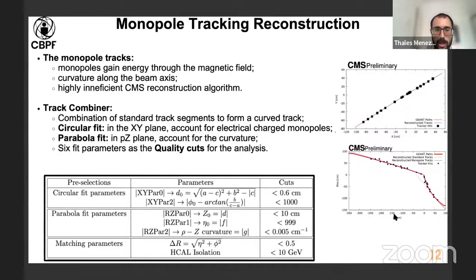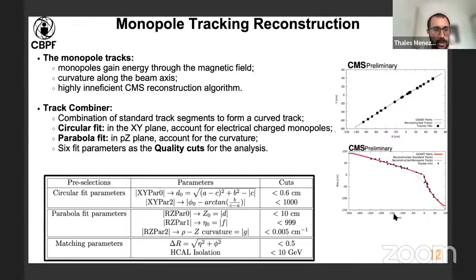This peculiar behavior leads to a highly inefficient standard CMS reconstruction algorithm.